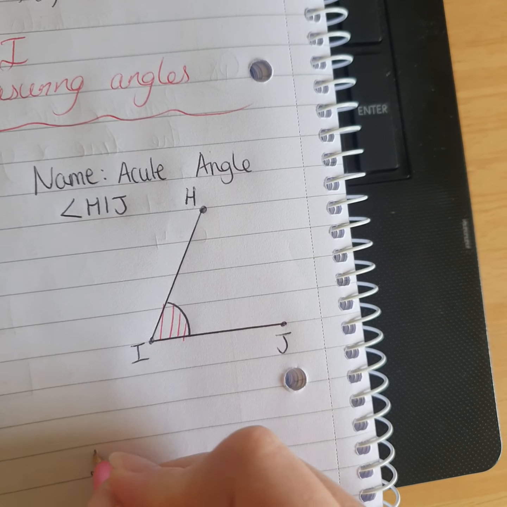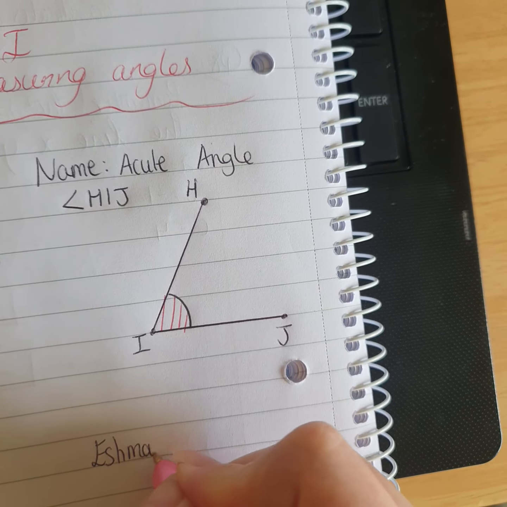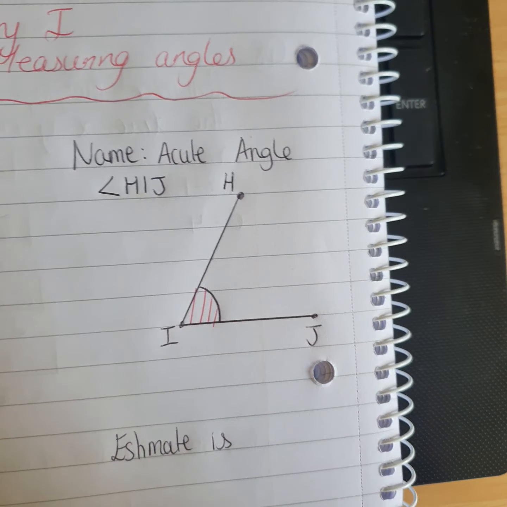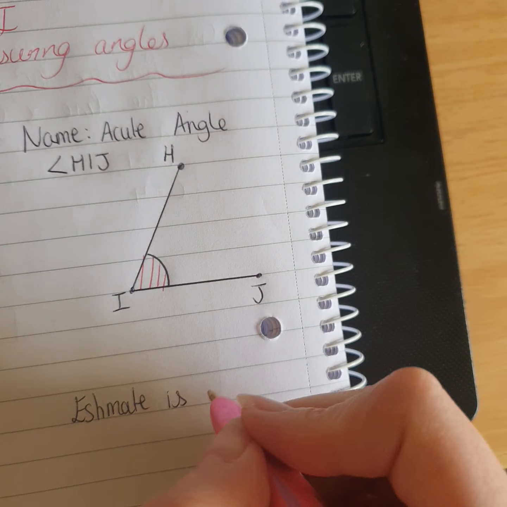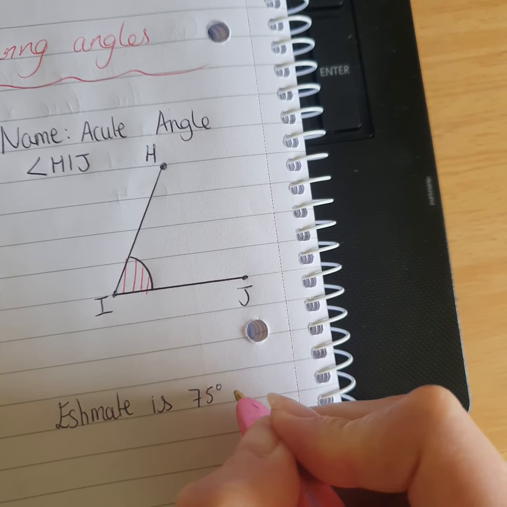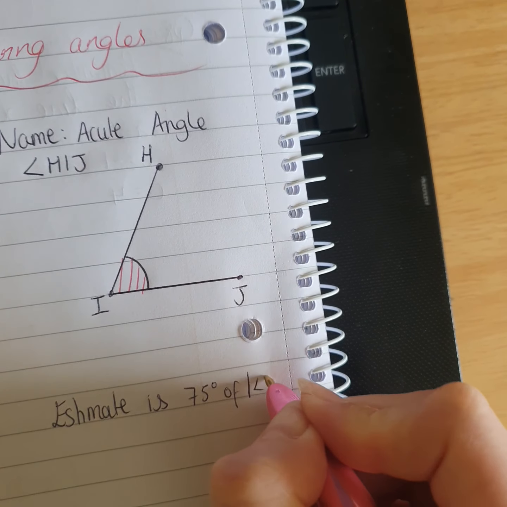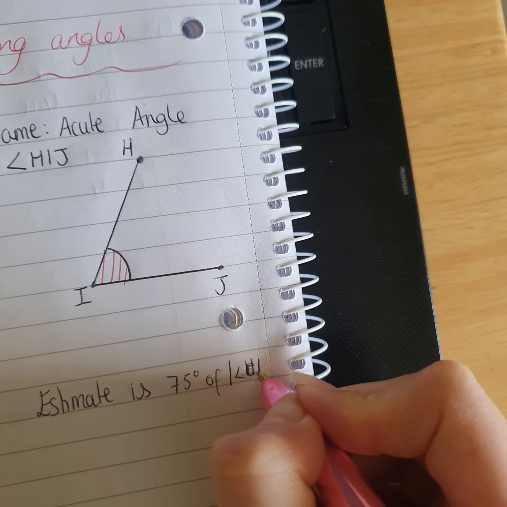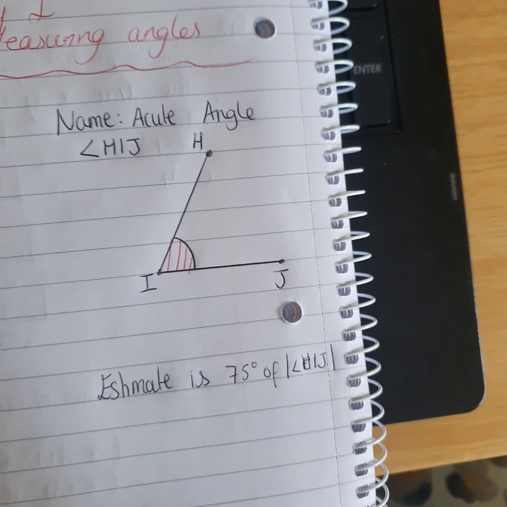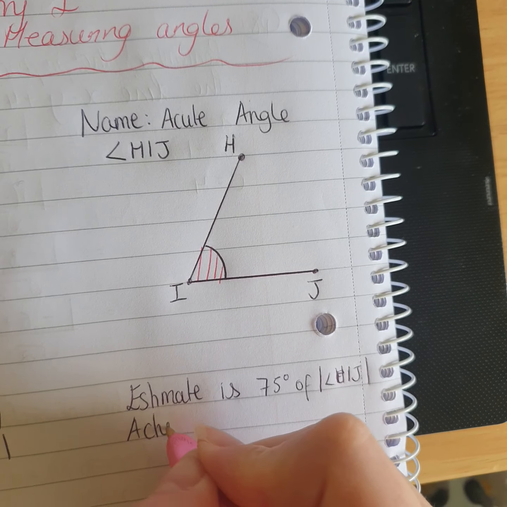So we're going to do my estimate, which is, we'll say maybe 75 degrees of, we'll say, angle HIJ. And let's get my actual now with my protractor.